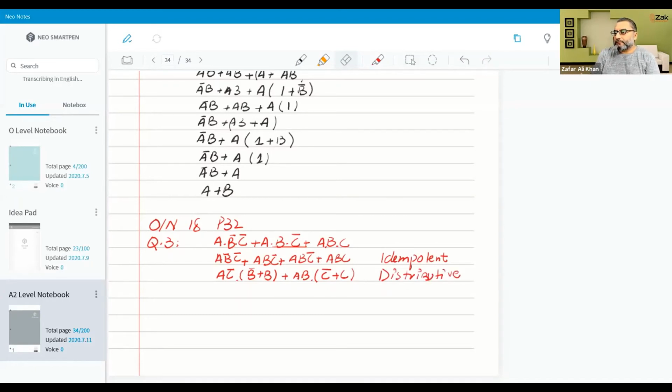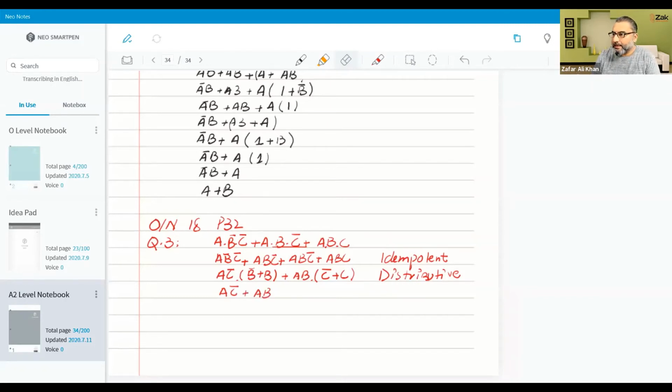Then let's apply inverse law or complement law. In that B naught plus B becomes 1, and C naught plus C becomes 1. So that will leave us with AC naught plus AB.